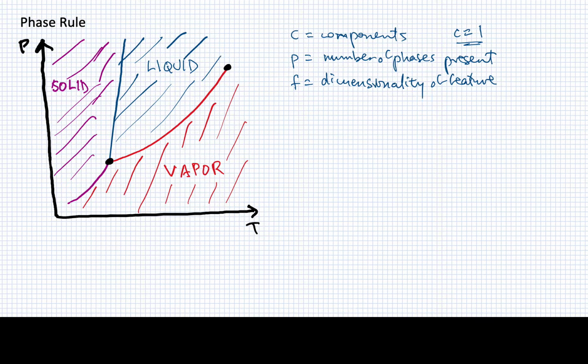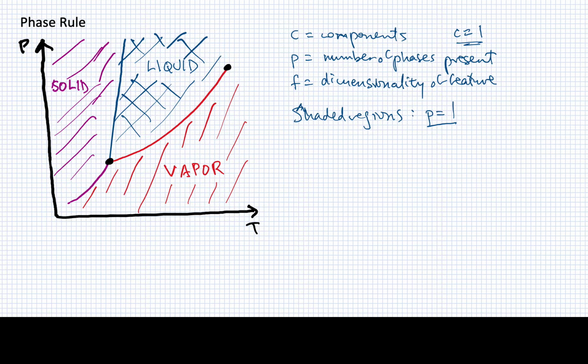Now, what that means as far as this is concerned is that these shaded regions have a total of one phase. In other words, within this shaded region here, I have only liquid. I don't have any solid or vapor in that region. So for that shaded region, the number of phases is 1.